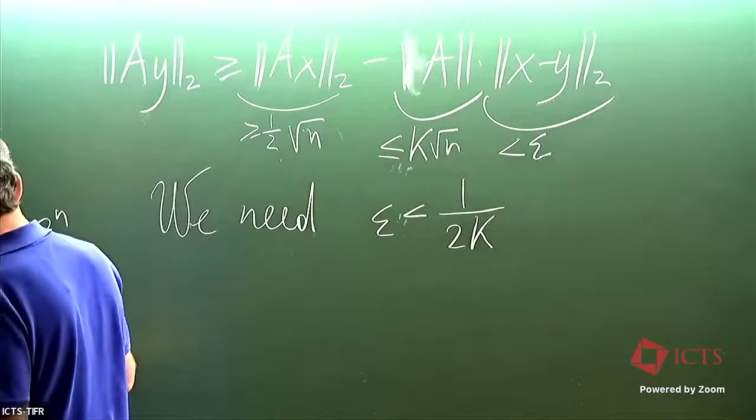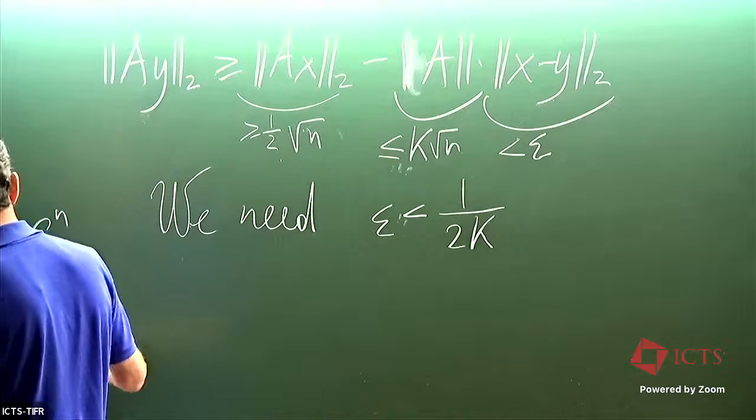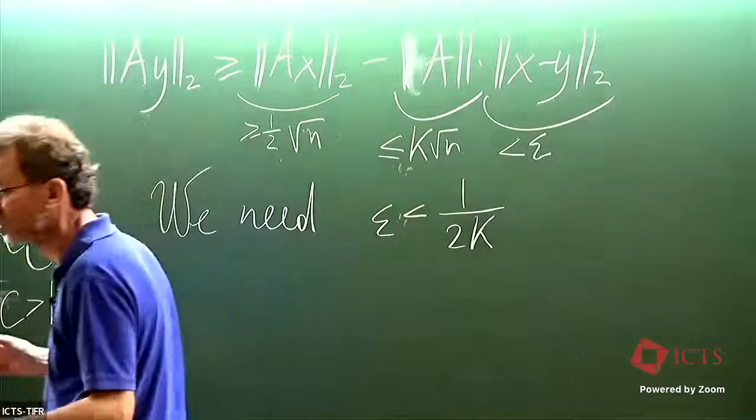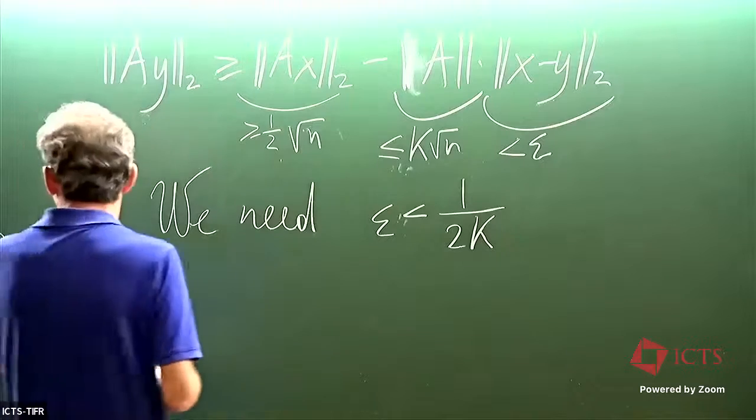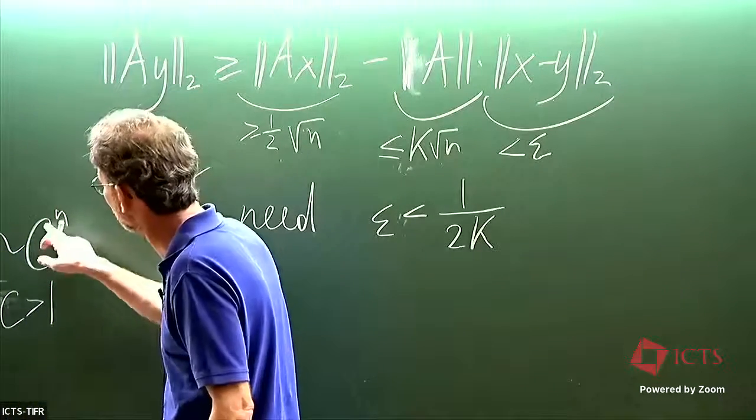And C is going to be greater than 1. So this estimate is vacuous. We failed completely with this epsilon argument. But nevertheless, let's look at how we failed. It's not by much, it's by an exponential term.